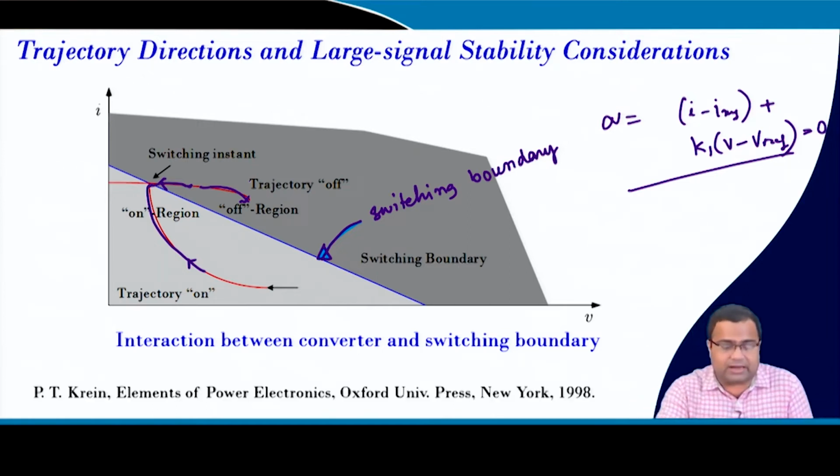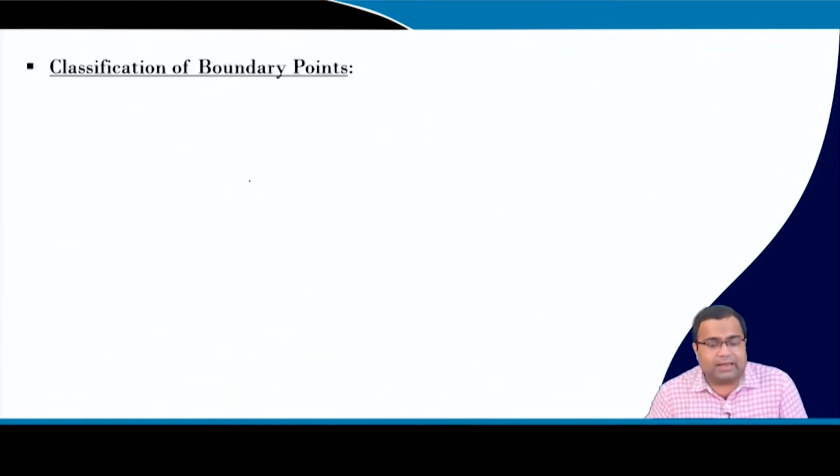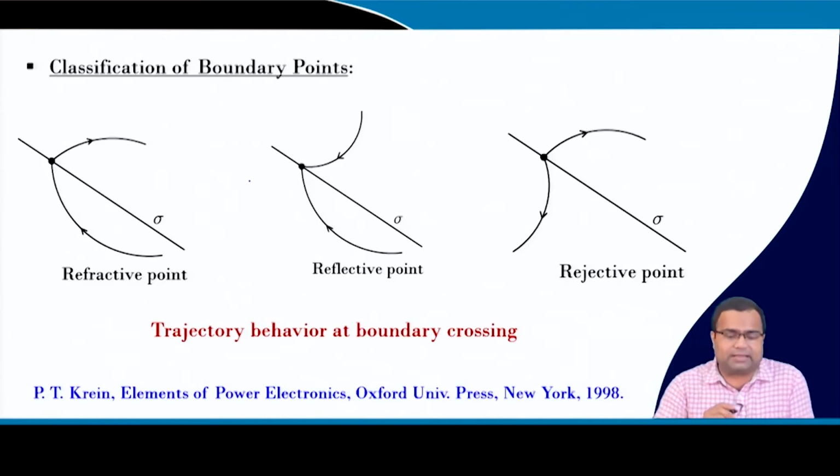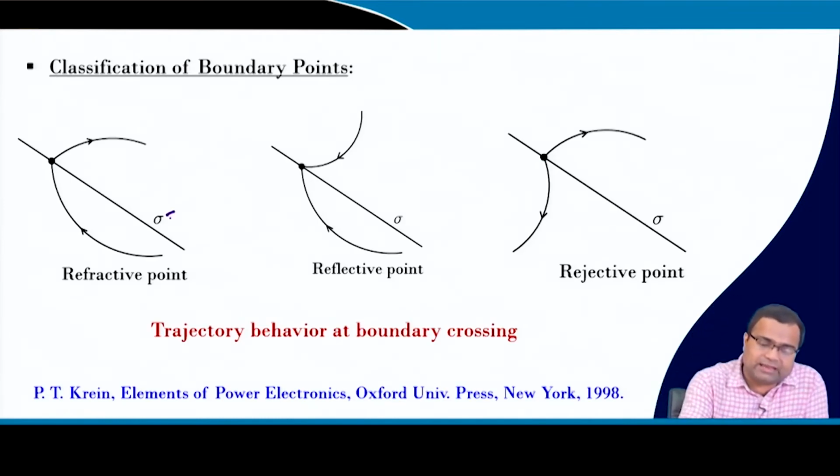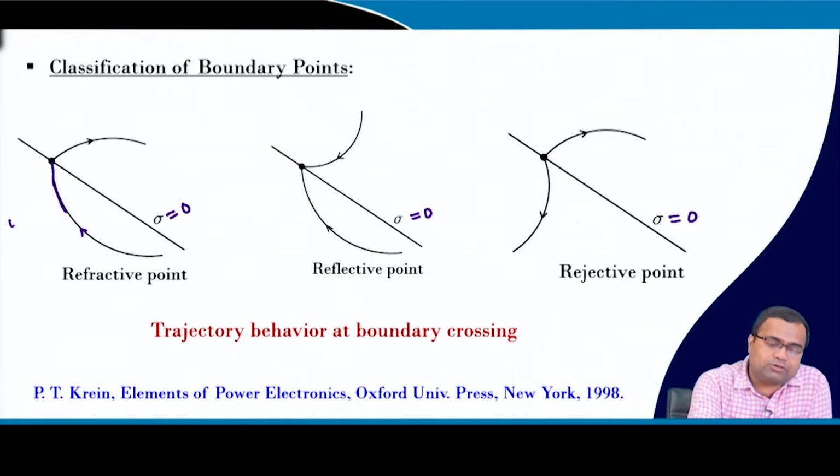These concepts are explained in the Elements of Power Electronics book. As I said, this is my switching line, which is equal to 0. The trajectory can be towards it on one side, the left or the right side, that is my on state trajectory, but my off state trajectory is going away from it.